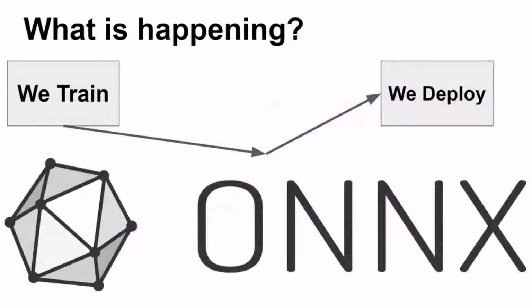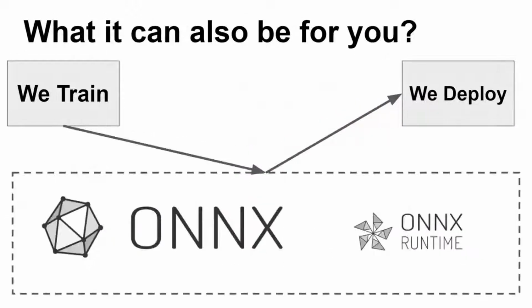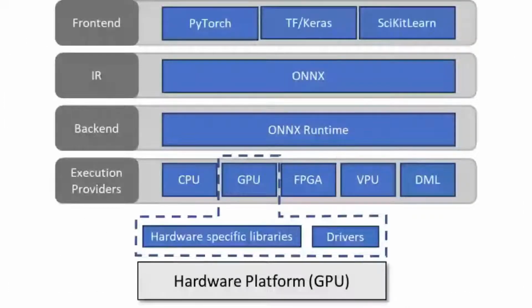So what's happening is we train the model, we deploy it, and we use ONNX for converting it, and now we start deploying it. So it's basically not just ONNX, it's ONNX Runtime. We train it, we make sure that the ONNX model is running on an ONNX Runtime, and we deploy it. And if you want to learn how this all works, in the front end you always go with PyTorch, TensorFlow, Keras, or sklearn.